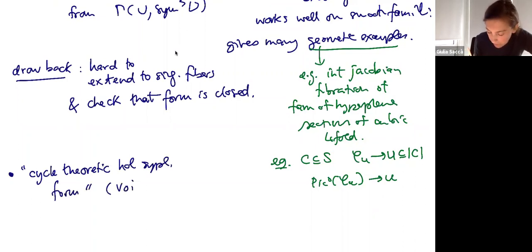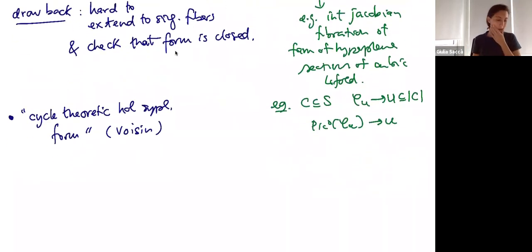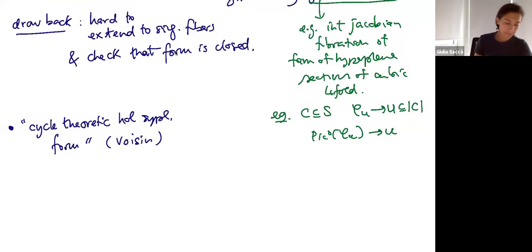And which I would mostly attribute to Voisin. And so I'm maybe just going to give a couple examples without really telling you. It's more a philosophy, I would say. So let me give 2 examples.